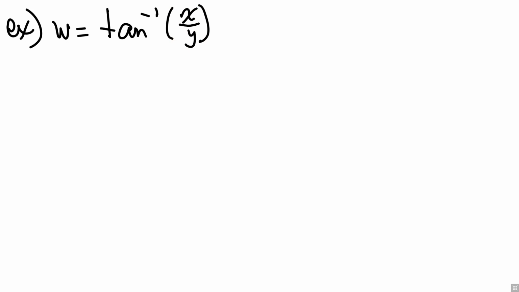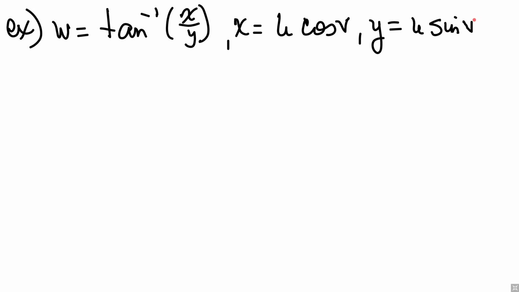For this example, we're told that w is equal to the tangent inverse of x over y. We're told that x is equal to u times the cosine of v, and y is equal to u times the sine of v. And our point is going to be 1, 3, comma 5 or 6.